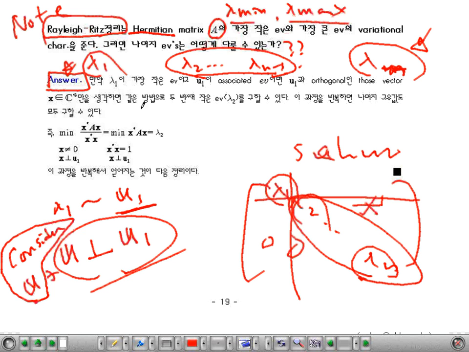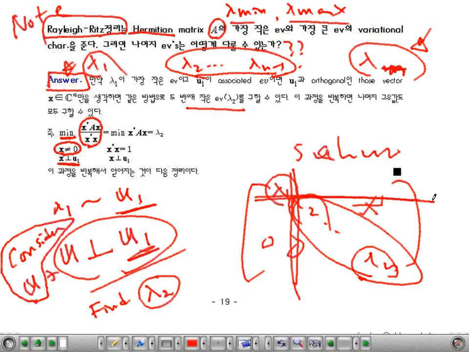Then, by a similar method, we can find the second smallest eigenvalue lambda 2, like this. We think of the same vector and find the minimum of it, but this x2 is chosen among the vectors which are orthogonal to u1.